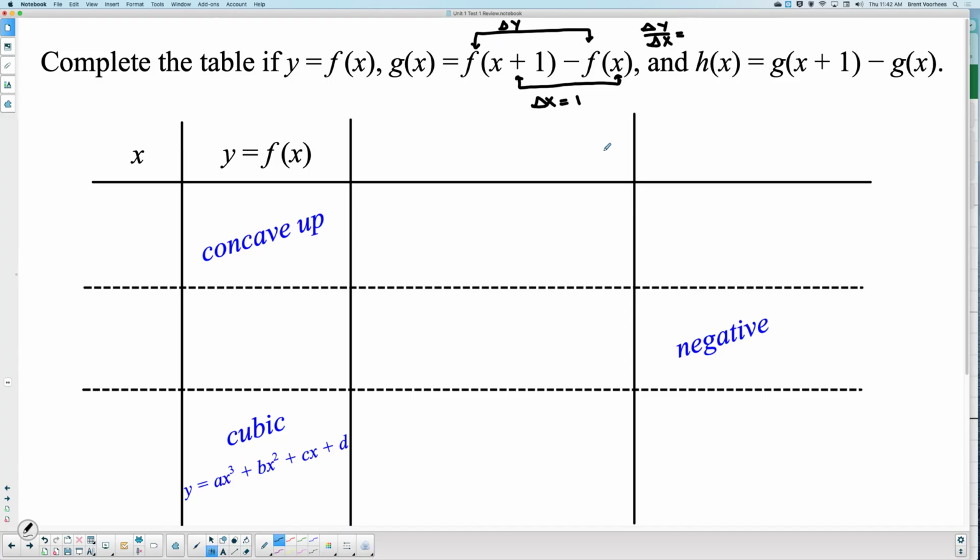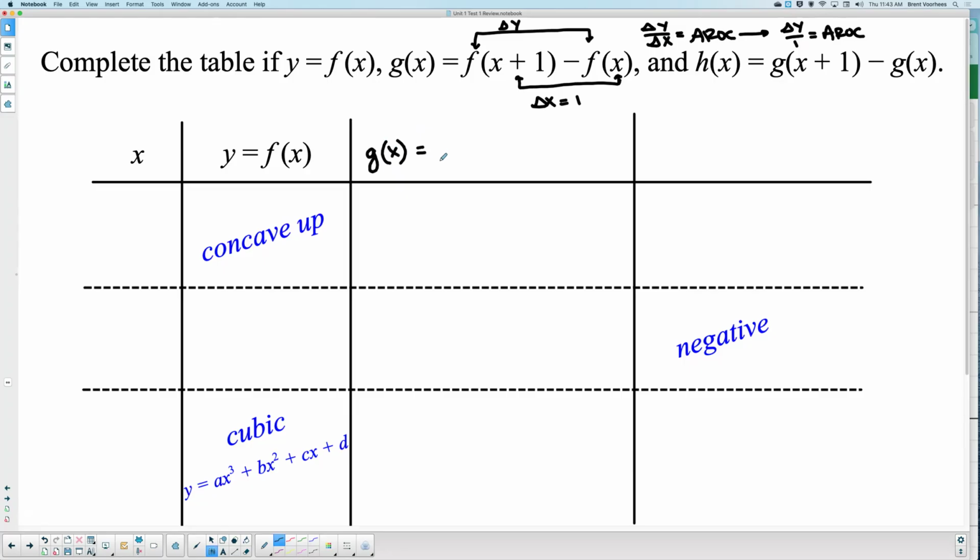What's that equal to? A rock. Well, in this particular case, what is my change of x? 1. So if you had the change of y divided by 1 equaling a rock, that would mean the change of y by itself would be equal to a rock. This g of x is the a rock equation.